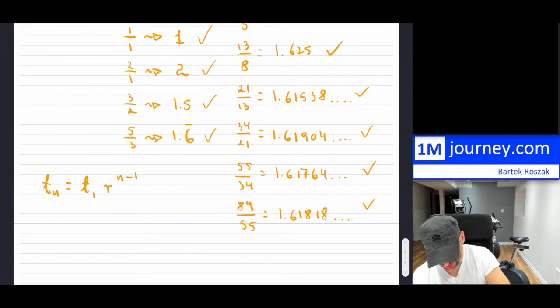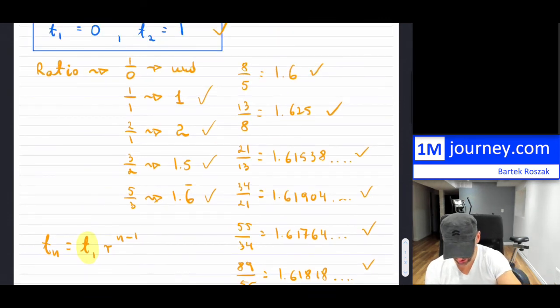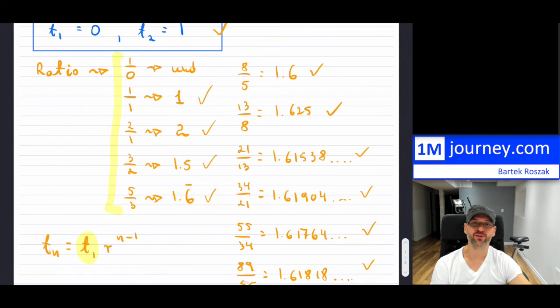Now, when you're doing this approximation, don't take the first term, okay? So cheat a little bit for yourself in terms of the series, because notice that originally, the first few terms, kind of right here, they don't have that 1.61 something.